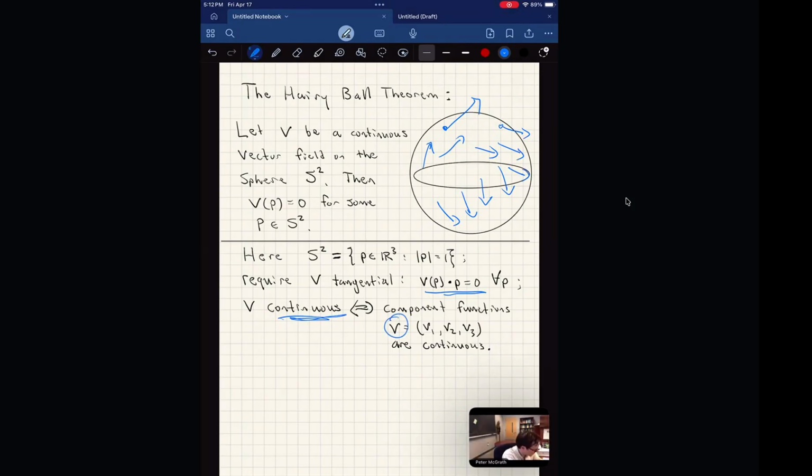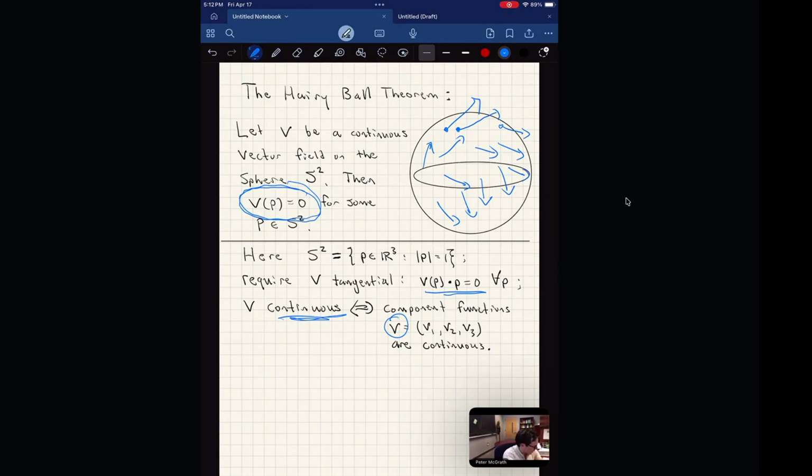So all this means is that if you move to a nearby point on the sphere, the vector will point in a close direction to the original point, in the sense that the limit as you move one point to the other of the values in one vector are the values in the other point. Okay, so the theorem says that no matter how you try to place your vectors on the sphere, if you do this in a continuous way, you have to have a point where your vector has zero length.